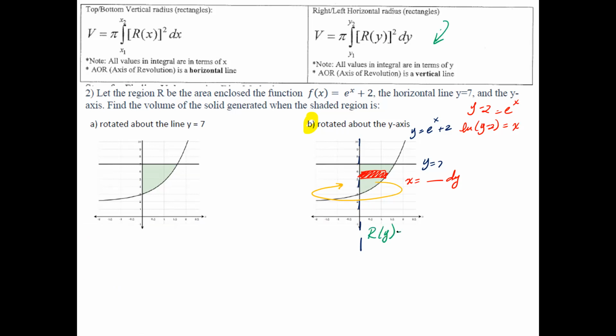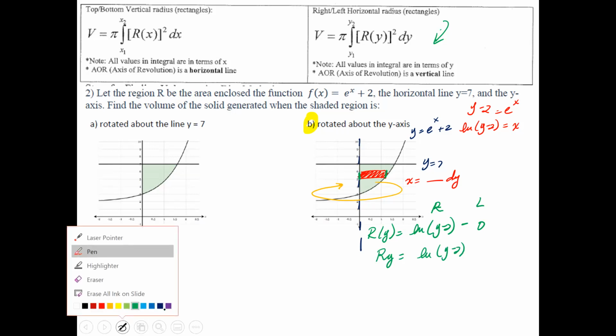So r of y is going to be right minus left. The right is x equals ln of y minus 2, minus the left. Left is 0 because it's the y-axis. So then r of y equals ln of y minus 2.